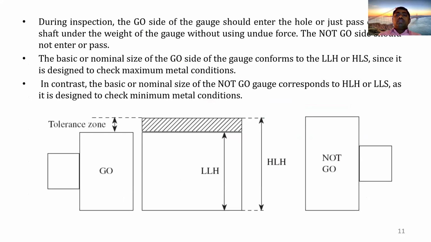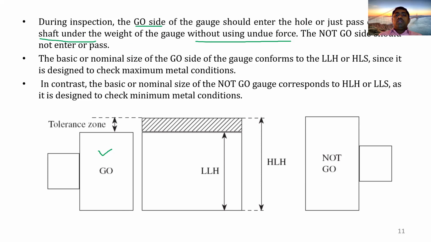So during the inspection, the GO gauge should enter the hole or just pass over the shaft under the weight of the gauge without using undue pressure. So this is the GO gauge, which has the low limit of the hole. It should pass into the hole because it is the go side. It has to go, right.